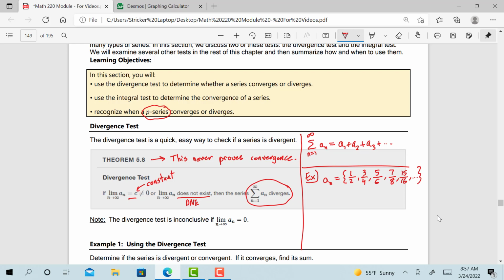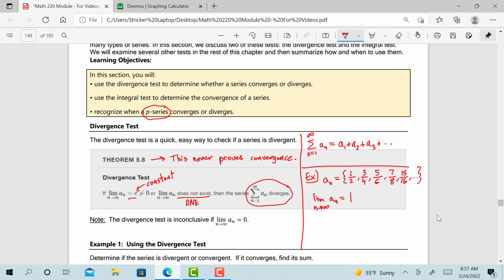All right, so it looks like those terms are approaching what value? What are they getting closer and closer to? Well, we didn't go over the formula, but just the concept here, it looks like the limit of a sub n is equal to 1, right? So that means eventually the terms in this sequence are approaching 1.